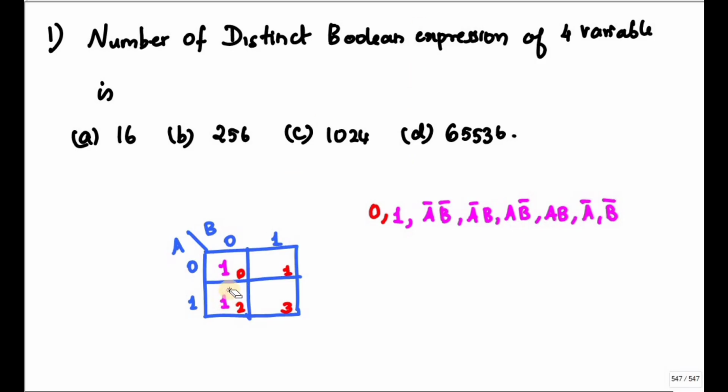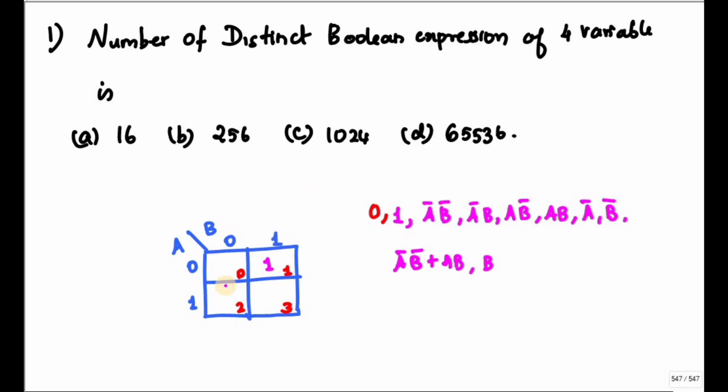And suppose these two are filled with 1, the answer will be A bar, B bar plus AB. Am I right? Now you see these two are filled with 1. If I group this one, the answer will be B.